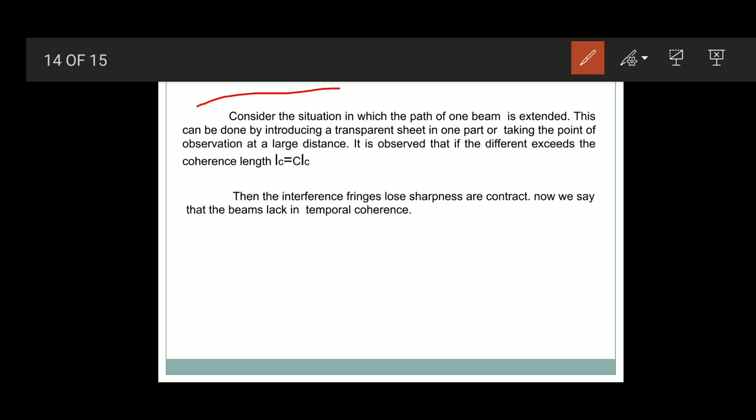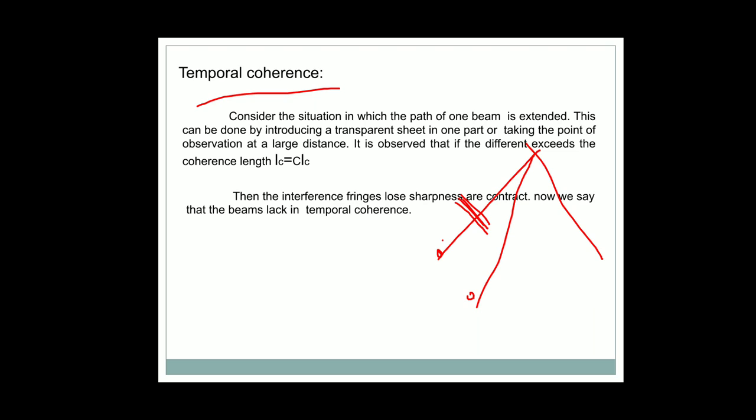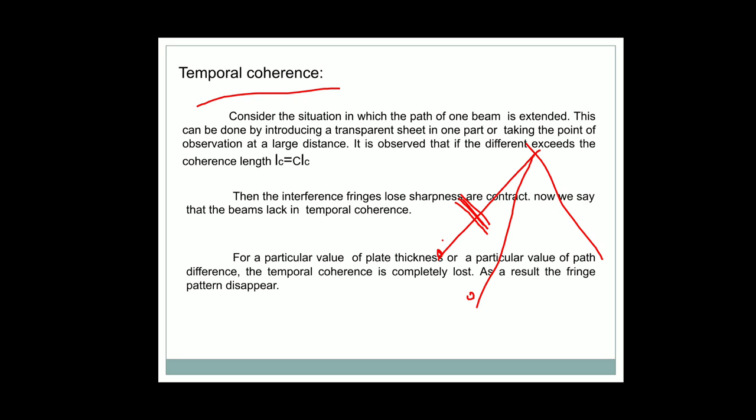So in this case, this is S1, this is S2, this is the screen. We know these rays will move along this direction. If one of the rays is obstructed by a transparent material like mica, disturbance occurs in the path of the beam. In this case it loses its coherence, that is also called lack of temporal coherence.